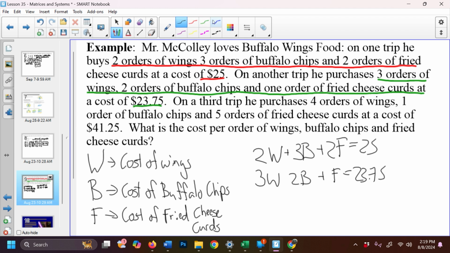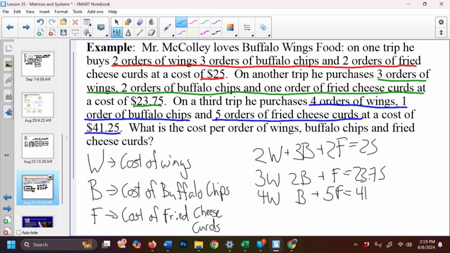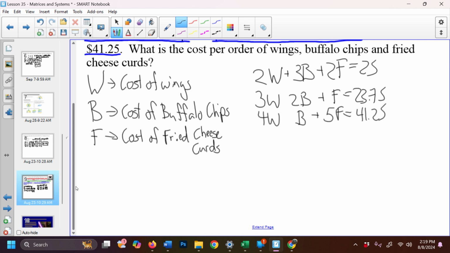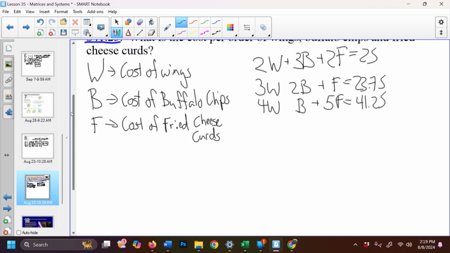And then the final trip was 4 orders of wings, 1 order of buffalo chips, 5 orders of fried cheese curds for $41.25. So 4 wings, 1 buffalo chips, 5 fried cheese curds, $41.25.